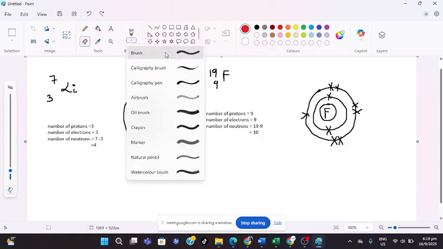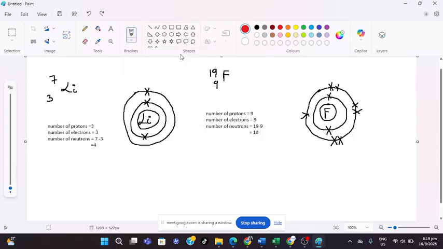Looking at lithium, in order to become stable, would it be easier for it to gain 1, 2, 3, 4, 5, 6, 7 electrons, or lose that one electron?